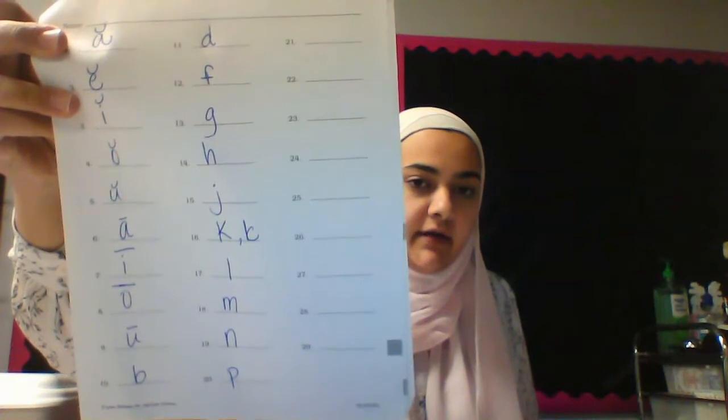Moving on. 17, lion, L. 18, monkey, M. 19, nest, N. 20, pig, P. I'll show you the paper. If you want to pause it here to make sure you have everything, go ahead.